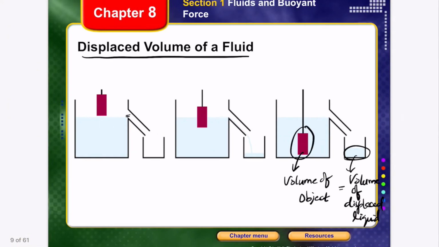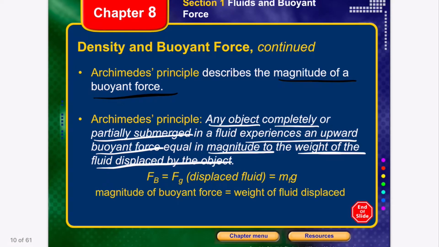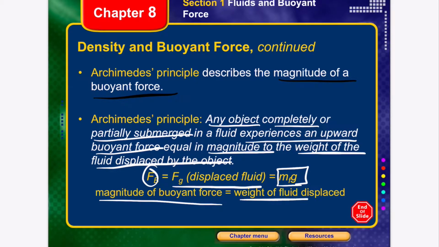So the mass of the liquid that is being displaced gives the weight of the displaced fluid, which is equal to the buoyant force. So Fb equals Fg of the displaced fluid, which is the mass of the fluid times the acceleration due to gravity. In simple terms, the magnitude of the buoyant force is equal to the weight of the displaced fluid.